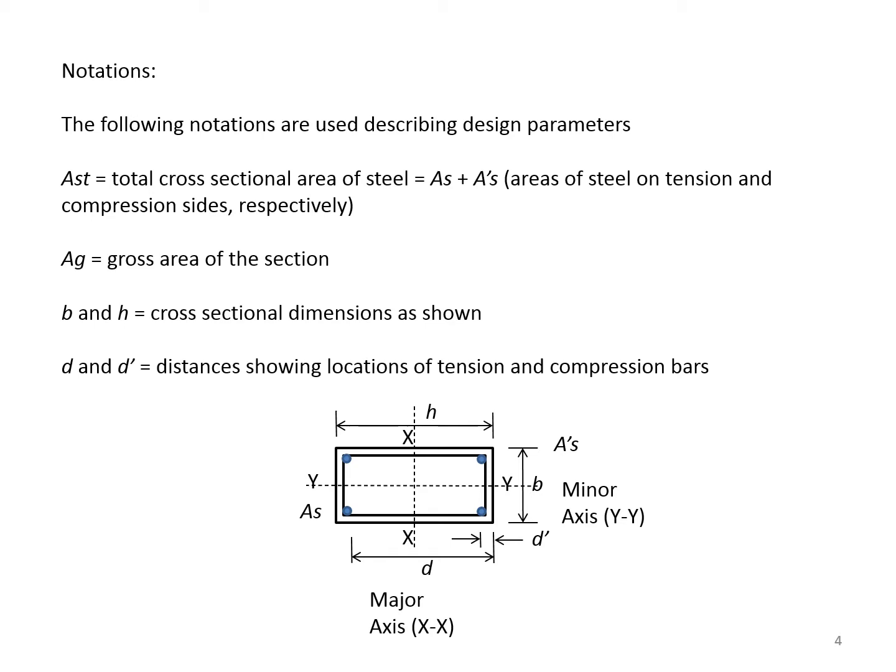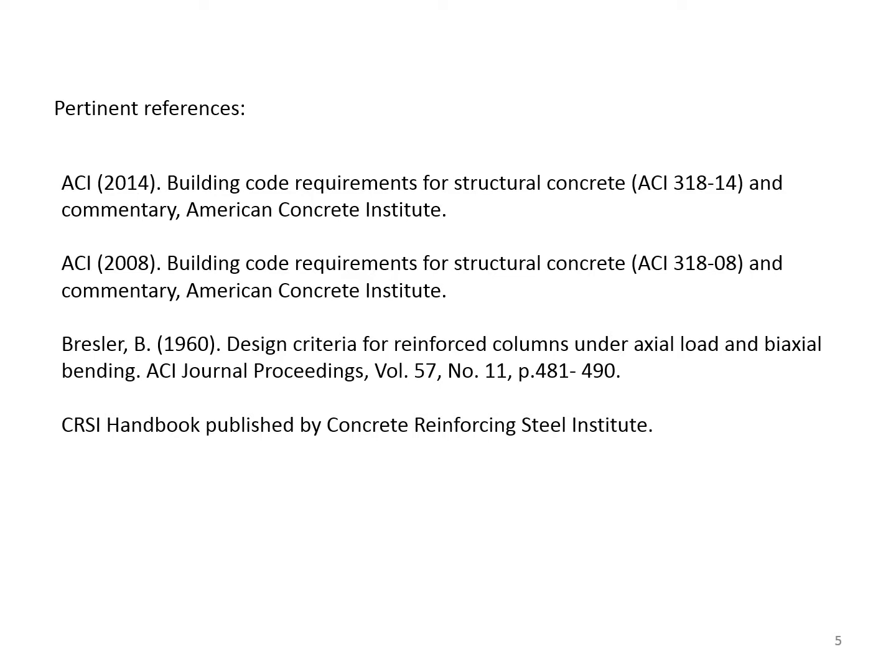Ag is the gross area of the section, b and h are cross-sectional dimensions, and d and d prime are distances showing locations of tension and compression bars. These are the pertinent references used for the preparation of this video.